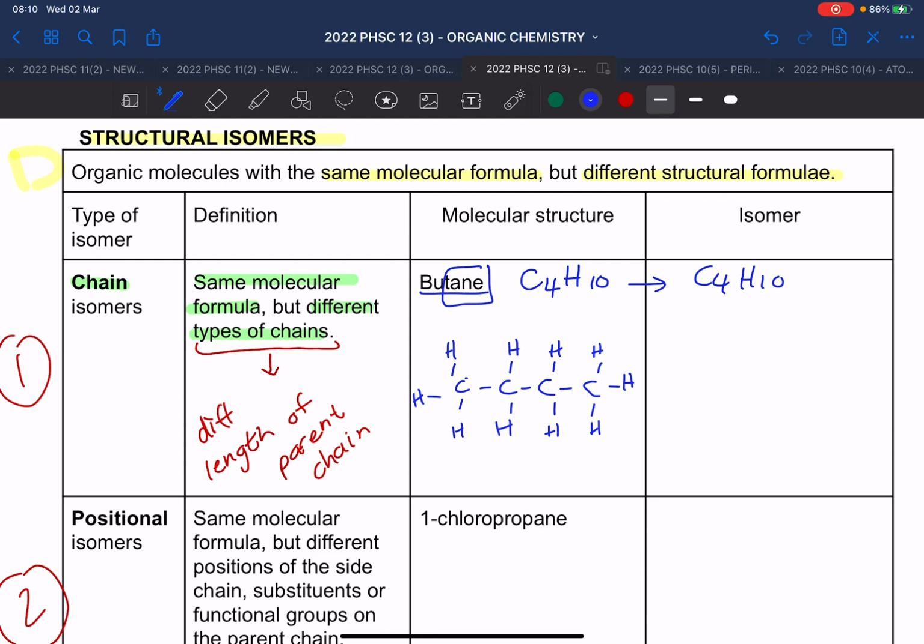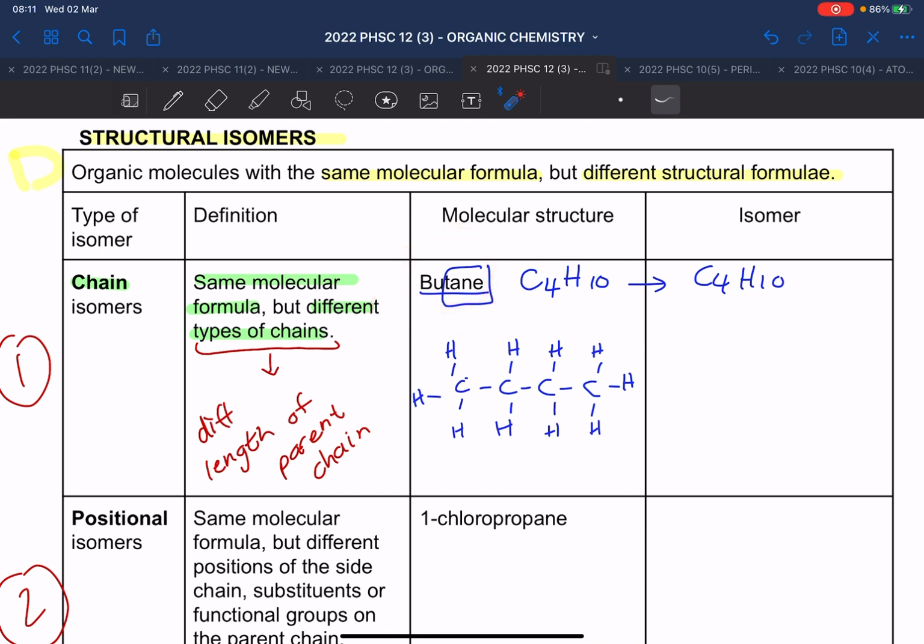But the length of the parent chain must change. Can I draw it like this? No, it's the same molecule, so we didn't change anything. Can I draw it like this? No, it will be butane. The name must change.